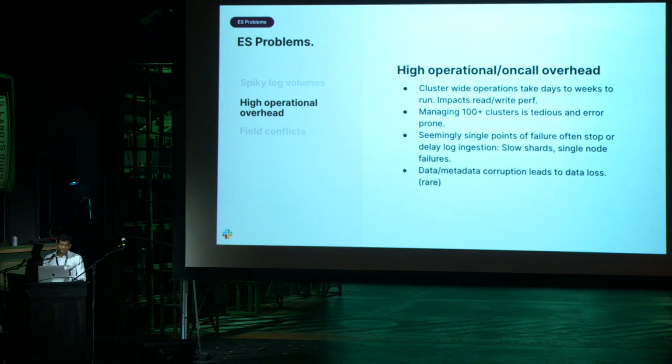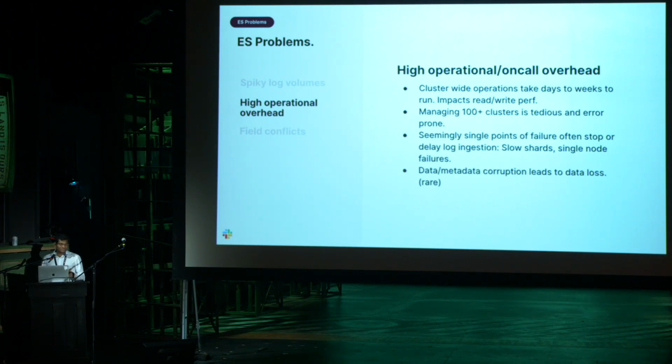The second big problem we have with Elasticsearch is high operational overhead and on-call load. Currently at our scale, cluster-wide operations take days to weeks to run, and generally they impact read and write performance of the cluster when they happen, and they sometimes affect the stability of the cluster.